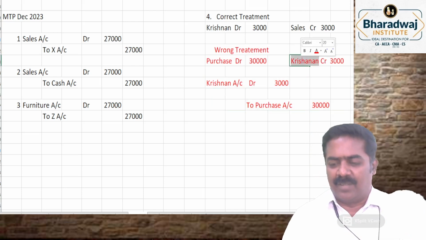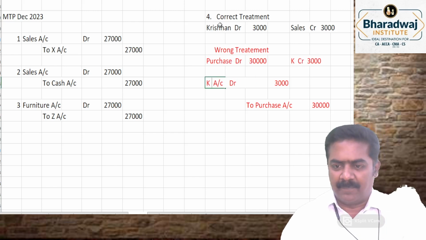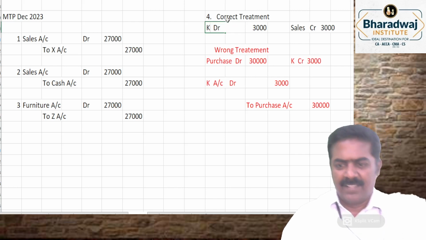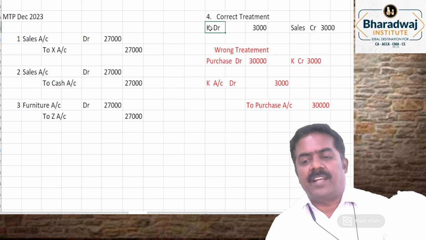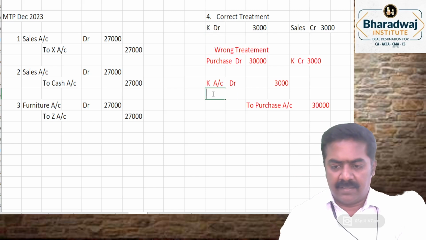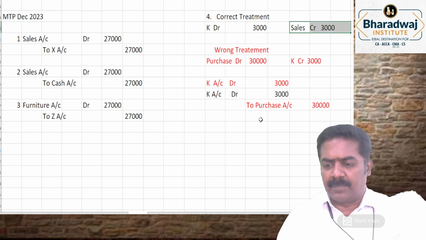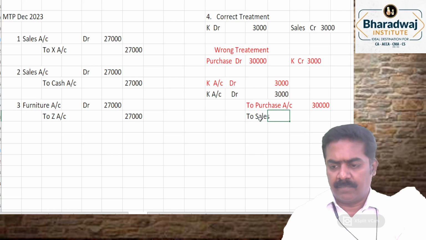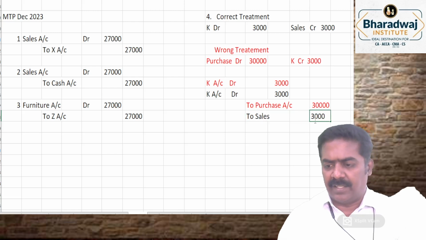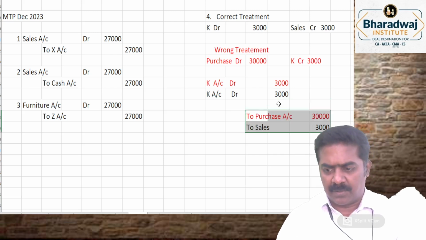Wait. What is the correct treatment? K account should be debited. K account debit 3,000. Okay. Sales should be credited with how much? 3,000. Tally. So balance will go to which account? Suspense.